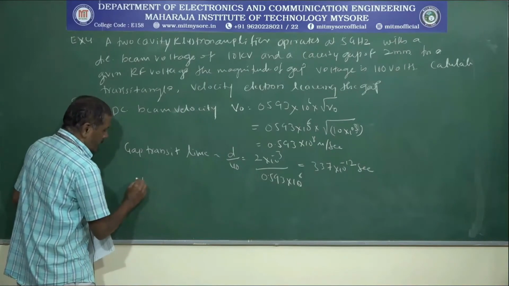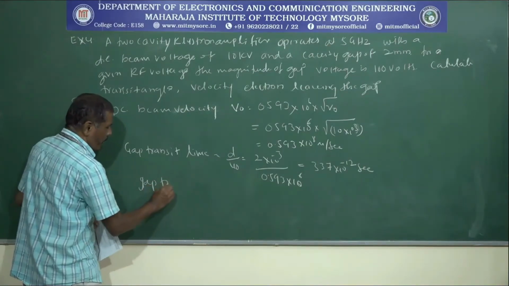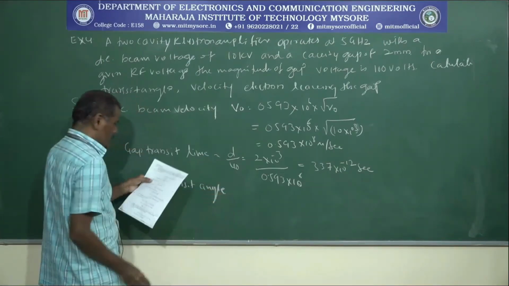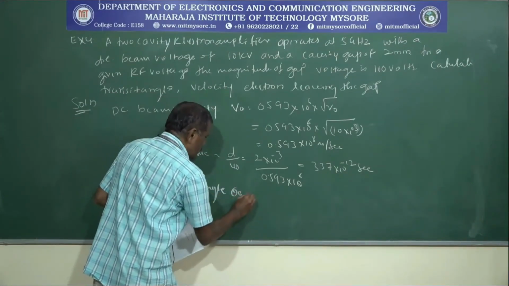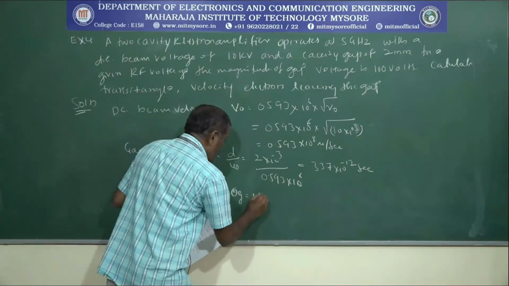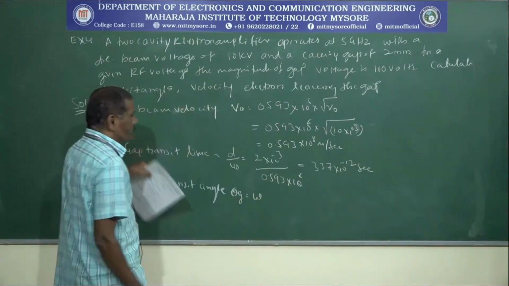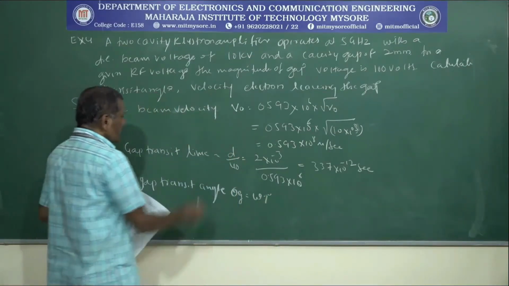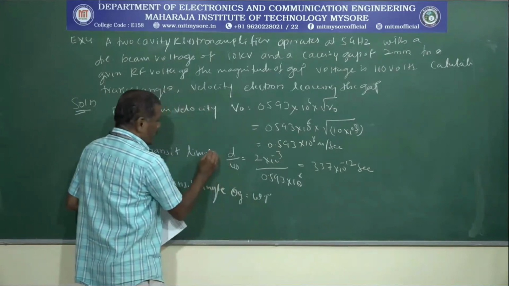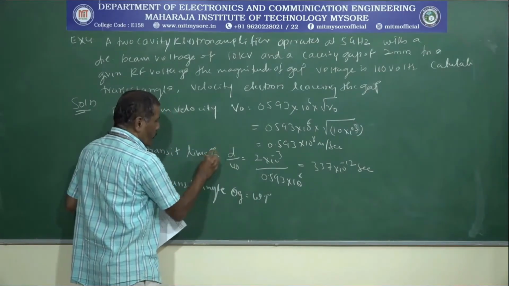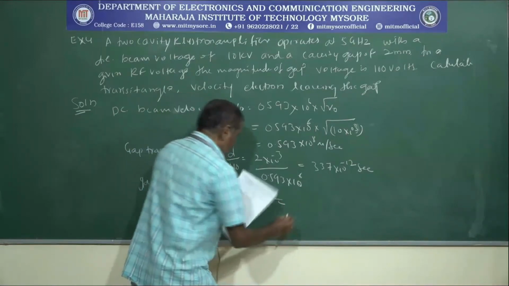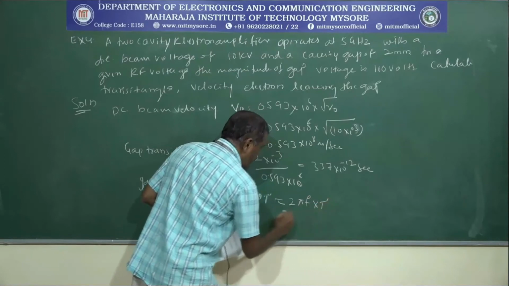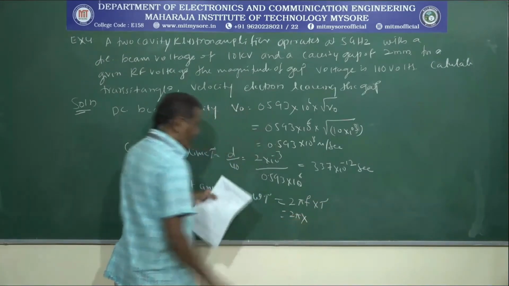Okay. Then gap transit angle is given by theta g. So it is equal to omega into t0, omega into t, that is the gap transit time. So we can write it as T2. So this is equal to omega, which is nothing but 2 pi f, into the transit time.